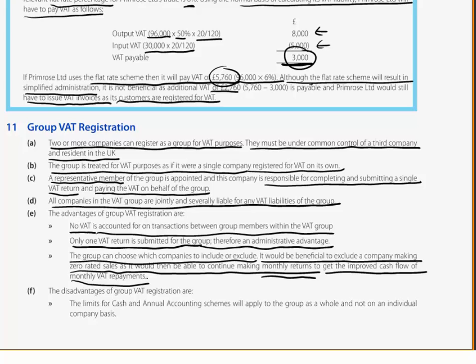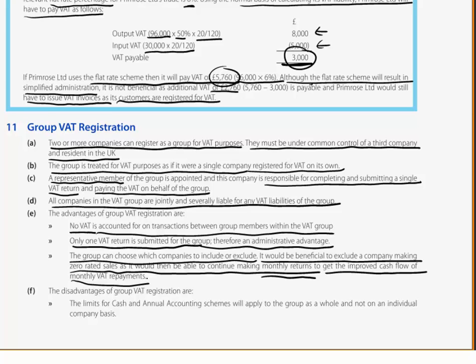Now, although we do not have to deal with much in the way of companies making exempt supplies, and the term partial exemption does not mean anything to us in terms of our studies, another statement you could make here as regards an issue as to why you might leave a company out of the group VAT registration is that if one of our group companies made exempt supplies, then if it joined into the group VAT registration, that would make the group as a whole, the expression we use, partially exempt.